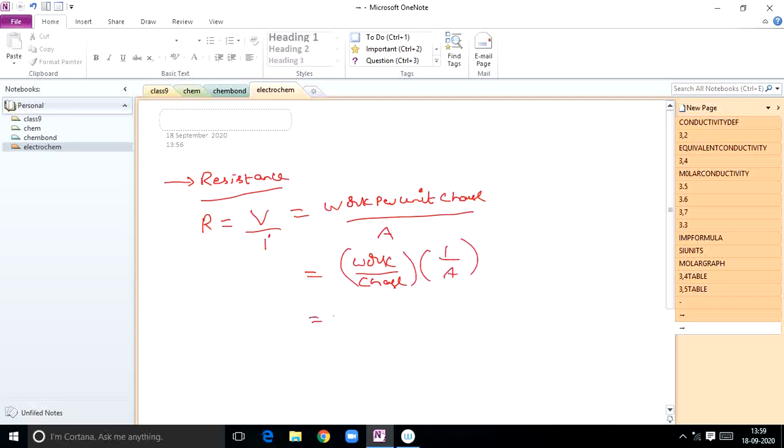So work can be written as F into L by charge. Here you can write charge as A into T, right?